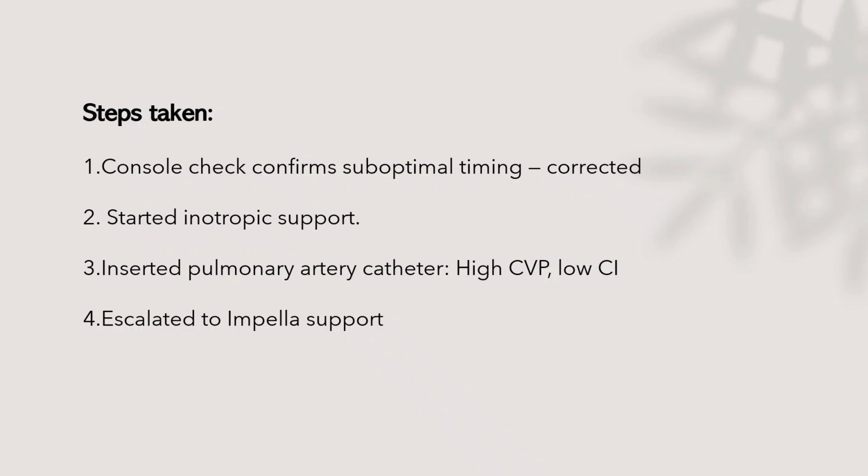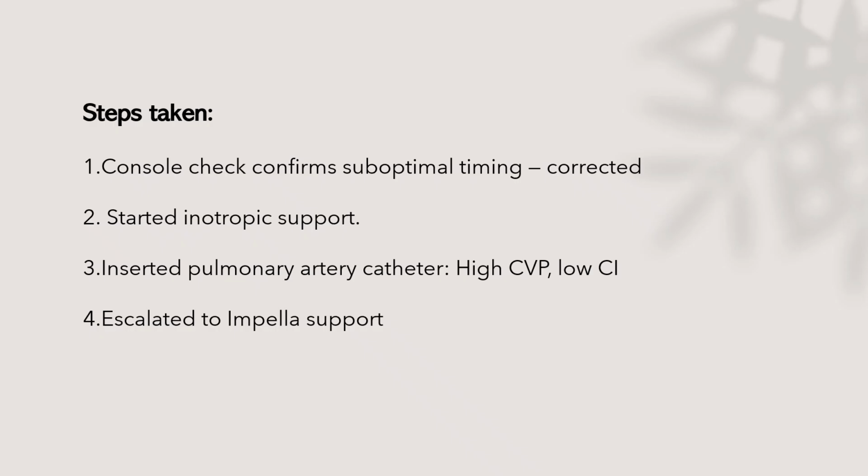What are the steps taken? First, we should check the console, confirming suboptimal timing and correcting it. As we mentioned before, we go to the console for the 2Ts, timing and trigger. Start inotropic support if the patient is not on it, or escalate the inotropic support.